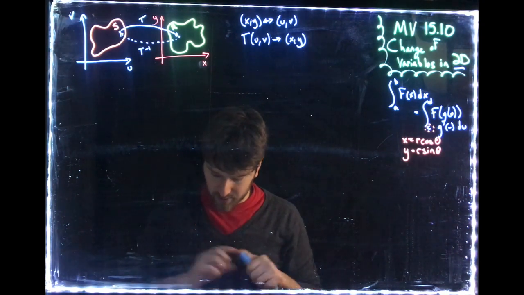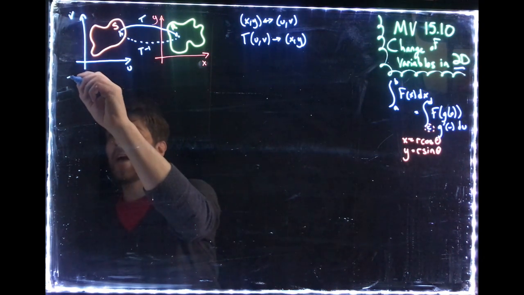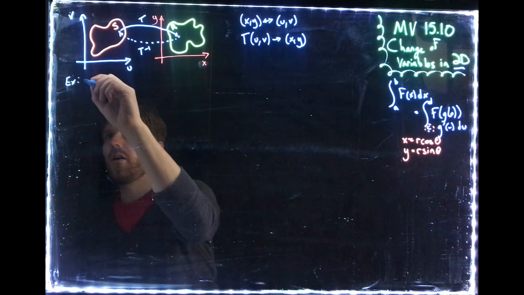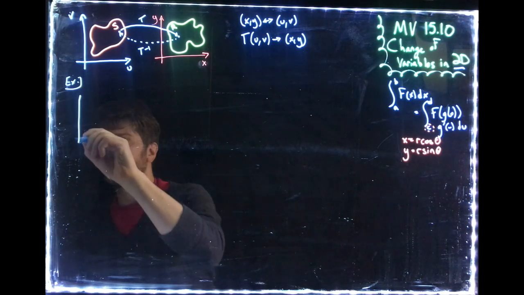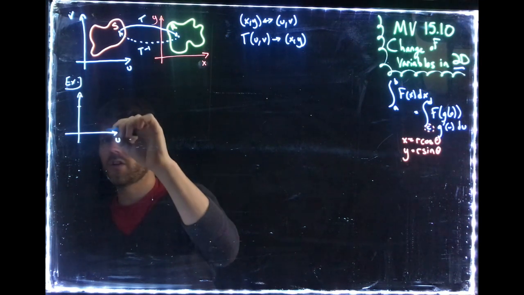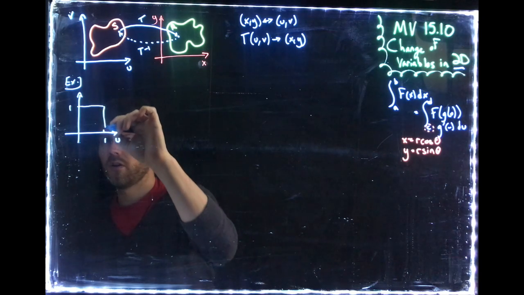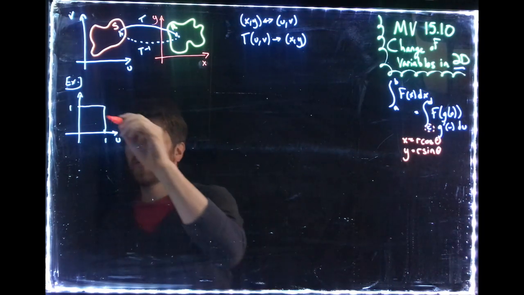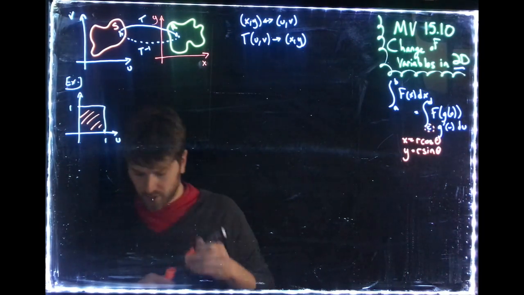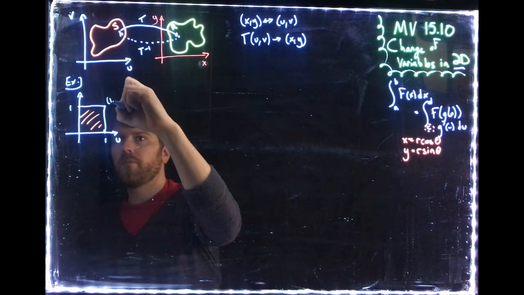This is going to seem a little strange, but what I want to do is look at this little unit square in u and v. So we're just going to mark out our unit square here. Here's our little unit square. Noting, of course, that this point here is 1, 1.